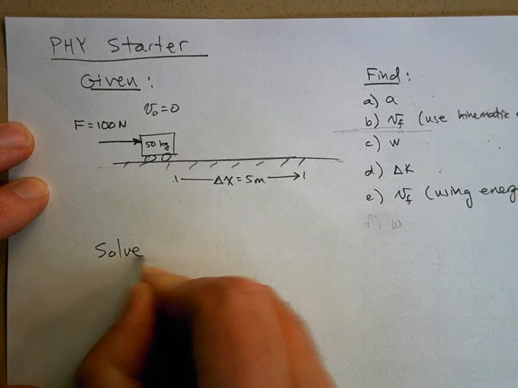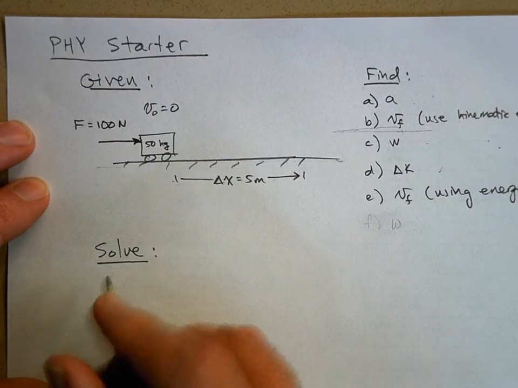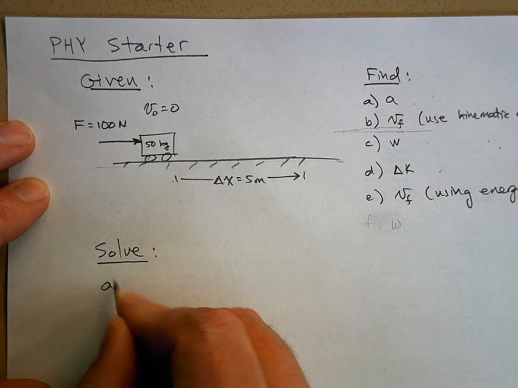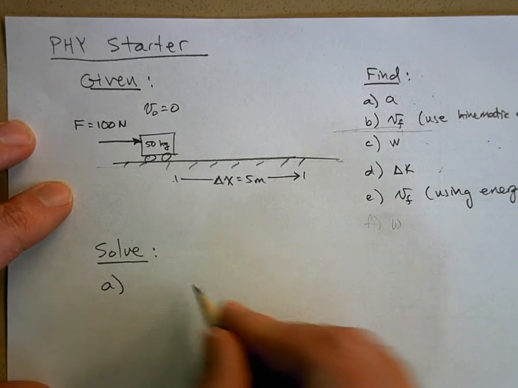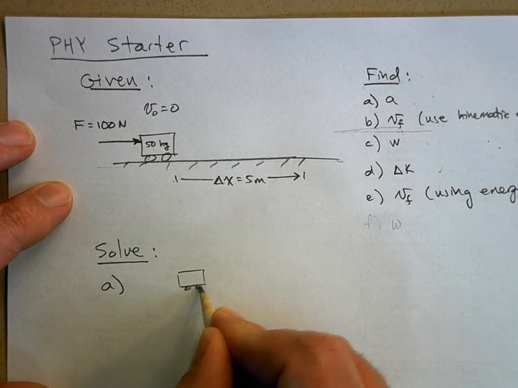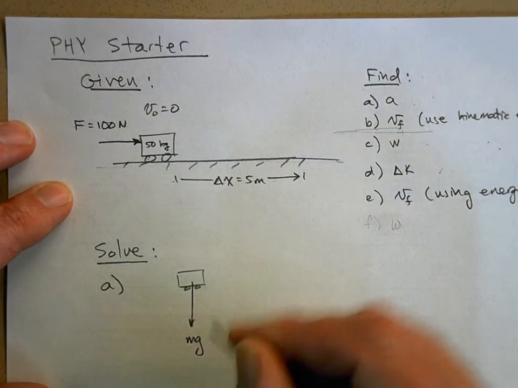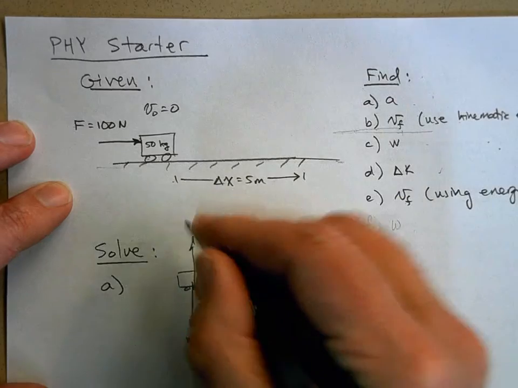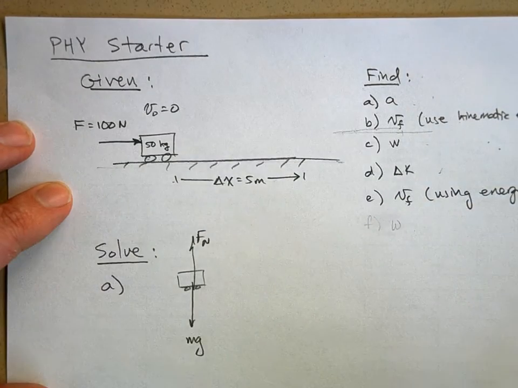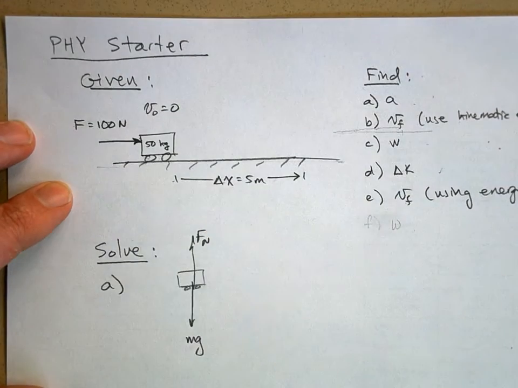Okay, let's solve it. So A is pretty easy. And now I can go ahead and go through a rigorous process of drawing the free body diagram. I've got gravity pulling it down. I've got a normal force with the wheels pushing up on it, but there's no friction. These don't really have anything to do with the problem.